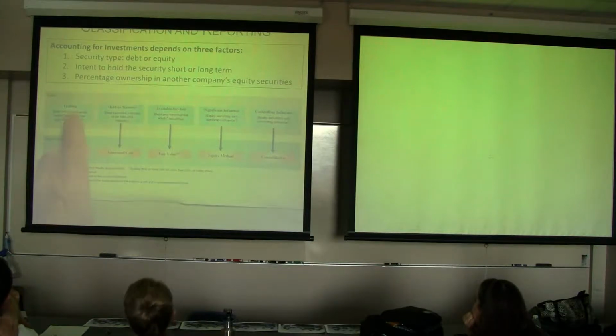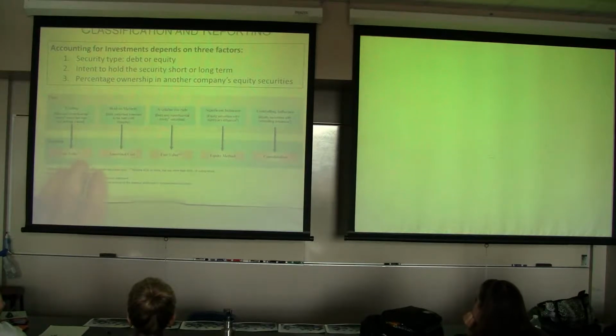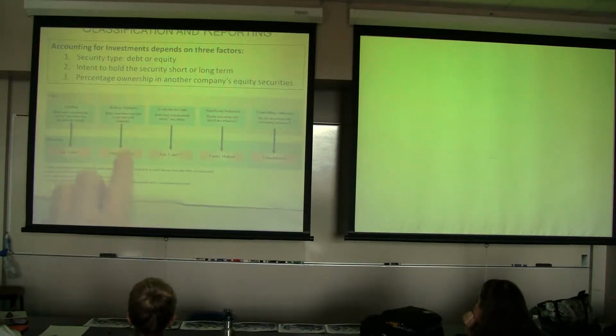Last time we talked about trading securities, and those are debt or non-influential securities. They're actively traded. If they tell you it's a trading security, the unrealized gains are reported in the income statement. Then we talked about held to maturity, the one we just did.